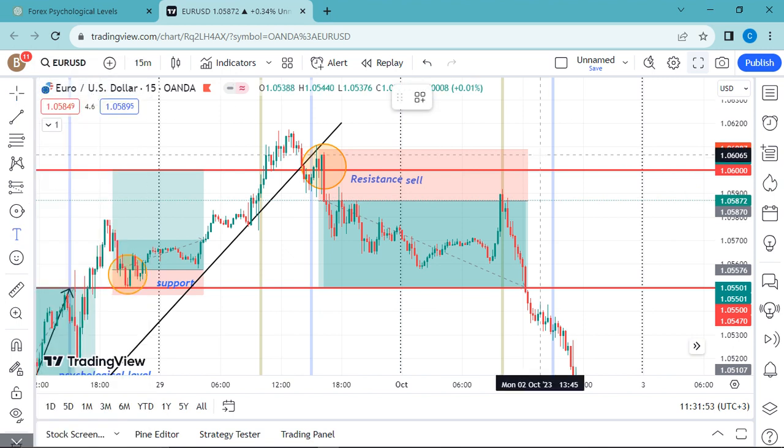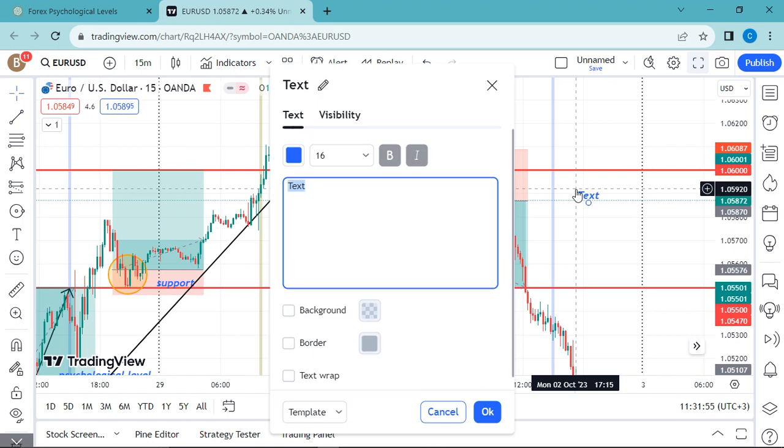Give us three confirmations. The first confirmation was psychological level, which acted as our resistance.